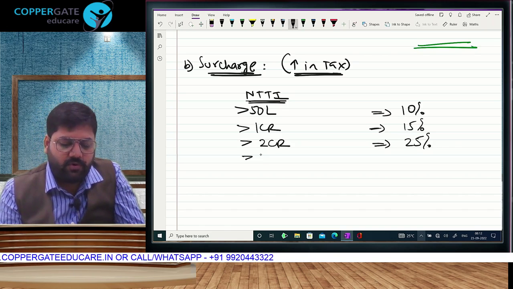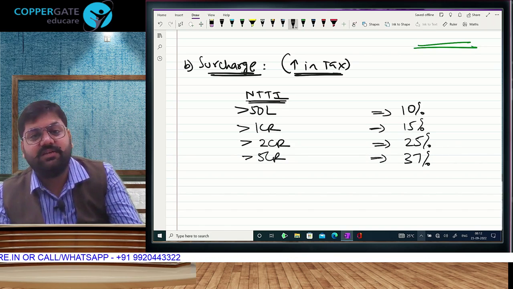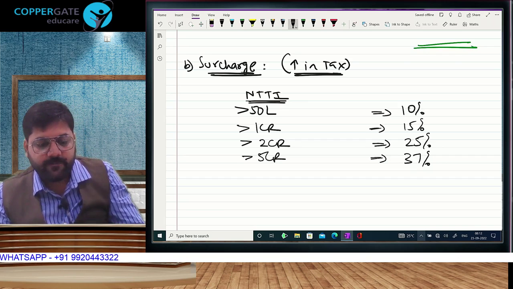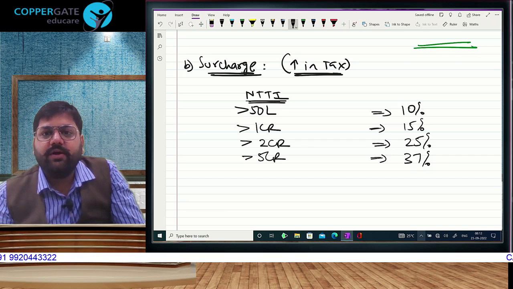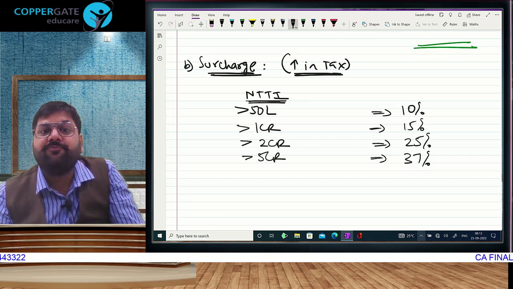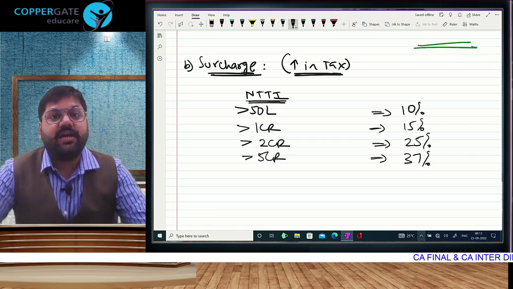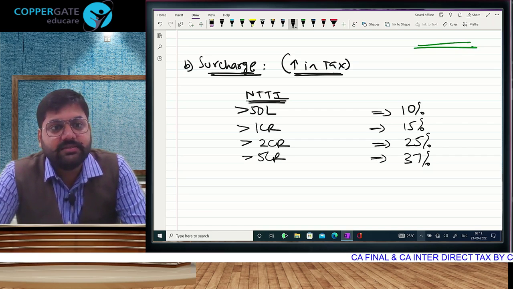And if you cross 5 crore, 37% surcharge will be applicable. Surcharge is going to increase your tax liability if you are very rich. The definition of very rich is people having income more than 50 lakhs. They will have to pay surcharge.